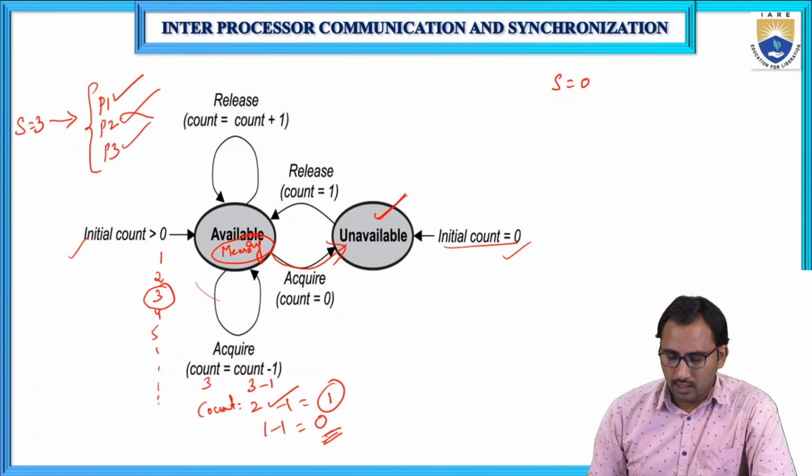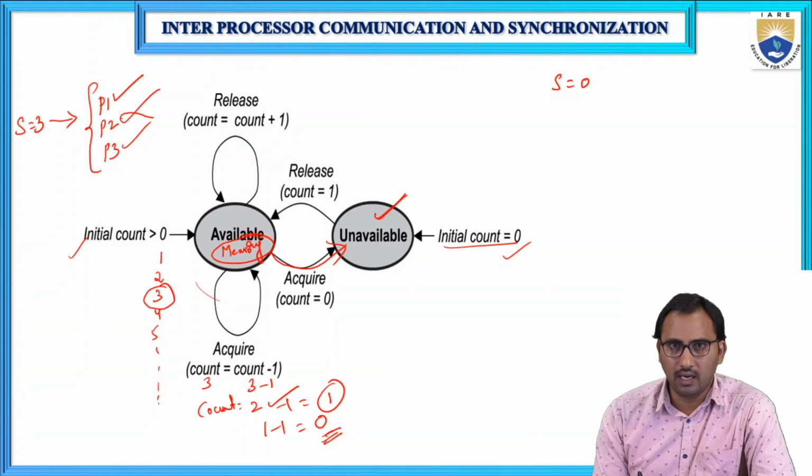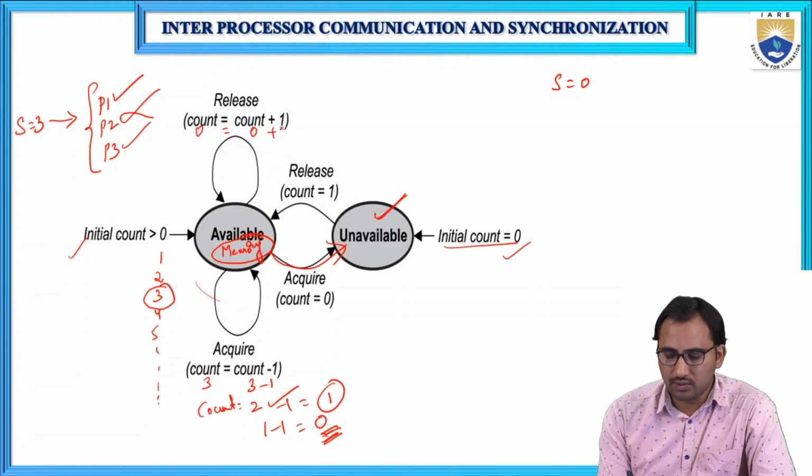One more process can access that resource, so the semaphore value will be incremented by 1, because process P2 released the resource. The initial count here is 0, so 0 plus 1 gives the updated value of 1.